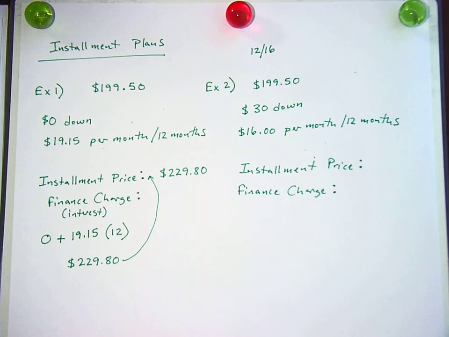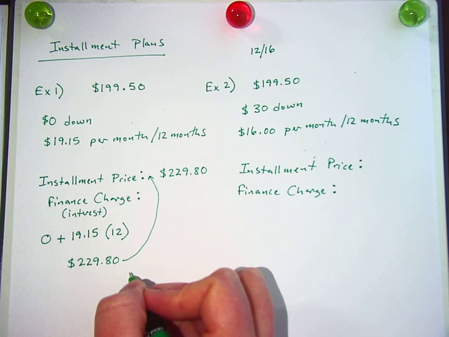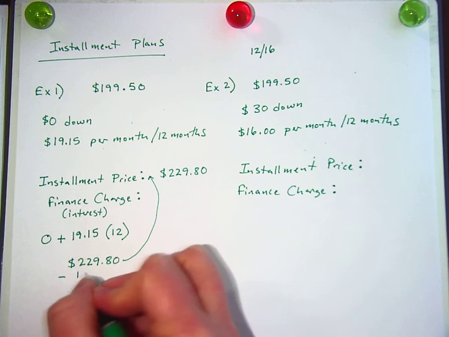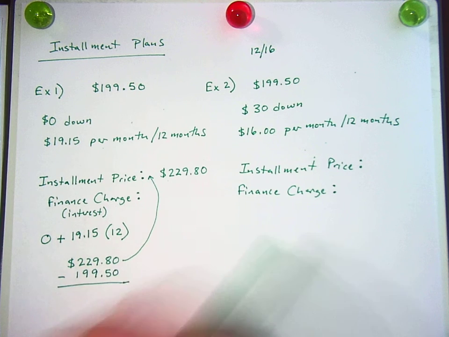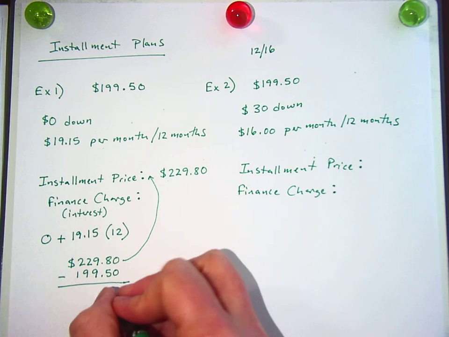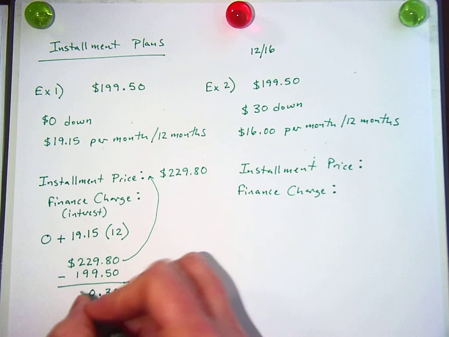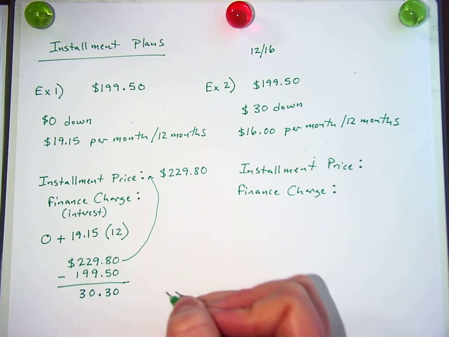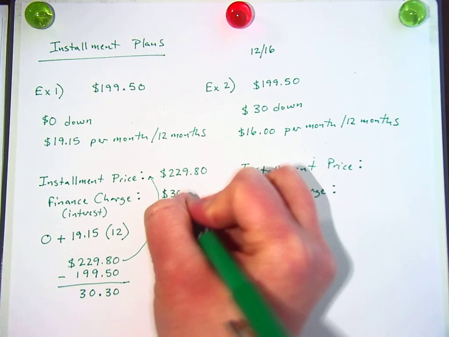So to figure out how much interest they charged you, you just take your installment price, which is how much you're paying total, and you subtract how much you would have paid if you had just paid for it. So let's see, that's 30 cents. 229 minus 199, which is $30. So for this one, the finance charge or the interest was $30.30.